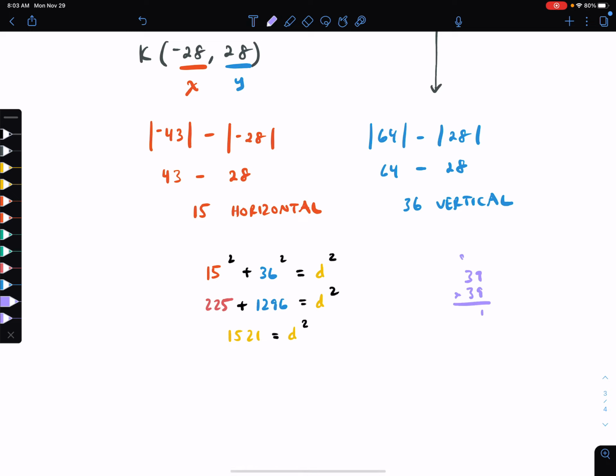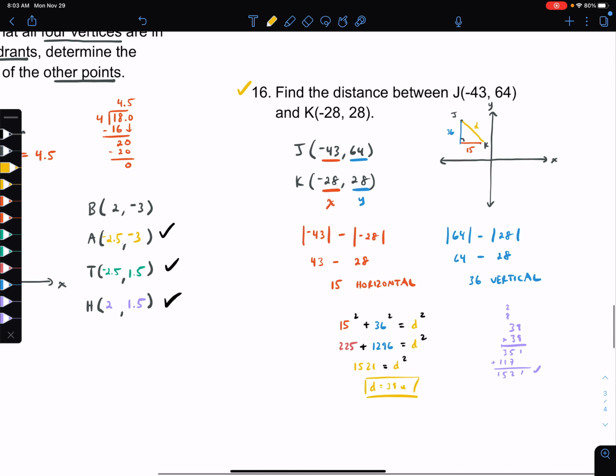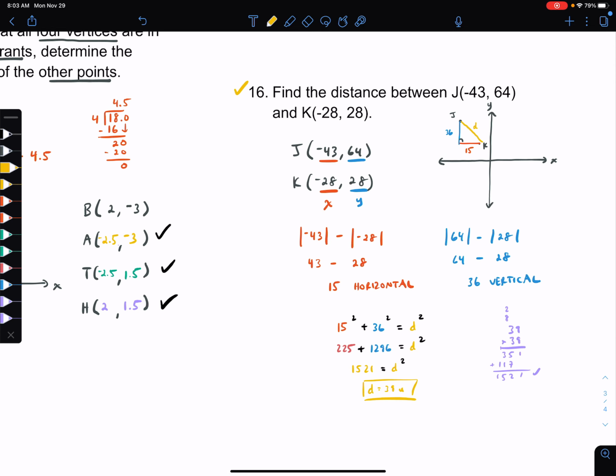So that's 81. 8, that's 27. 35, that's 27. That's 11. 1, 2, 1, 5, 1. Hey, that's good. So the distance here, or the diagonal, is going to be 39 units. That's how far apart J and K are from each other.